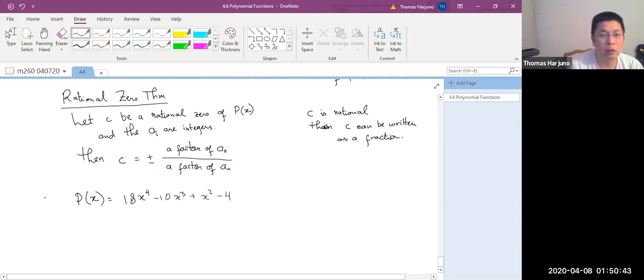Let's say that's our example now. According to the rational zero theorem, if c is a rational number, then c must be plus or minus a factor of 4, which is 1, 2, 4, over a factor of 18: 1, 2, 3, 6, 9.